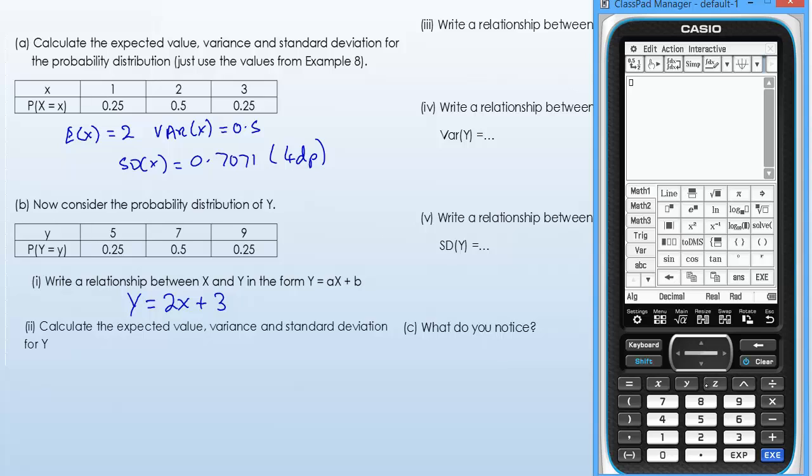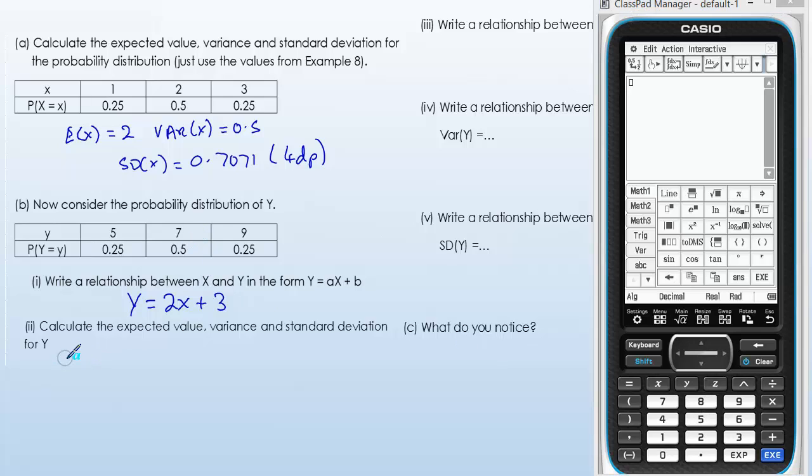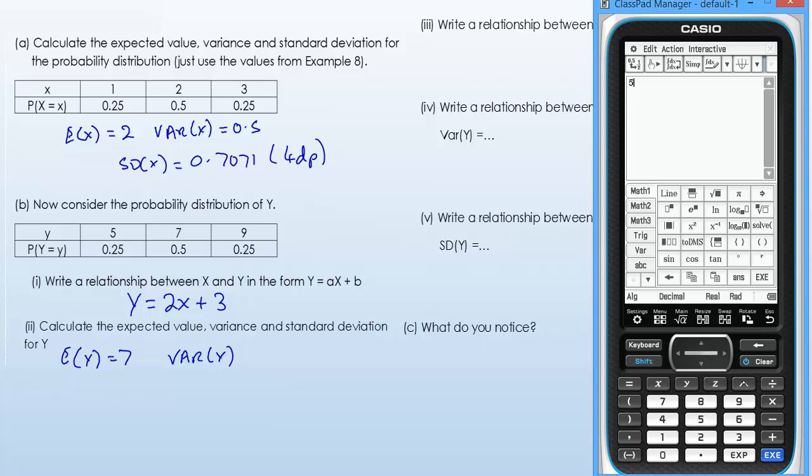So the expectation, well, we know that that's in the middle, so that's going to be 7. So let's think about the variance. So we need the expectation of y squared, so that's going to be 5 squared, so 25 times 0.25.